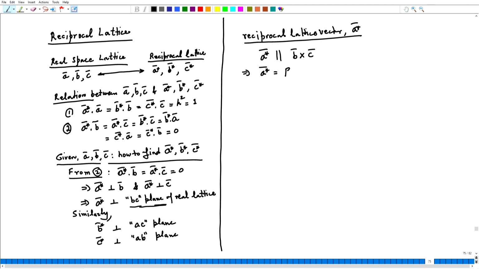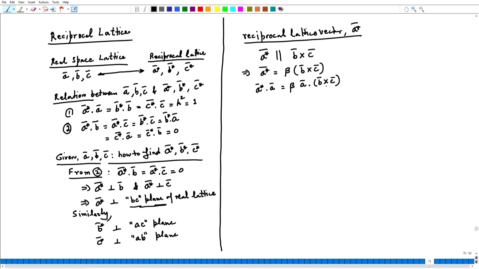Which implies that A star vector I can write as some scalar quantity beta times B cross C. Now, let us say I take the dot product on both sides by the vector A. So, I can write A star dot A equals beta times the dot product between the vector A and the vector B cross C. What should be its result?